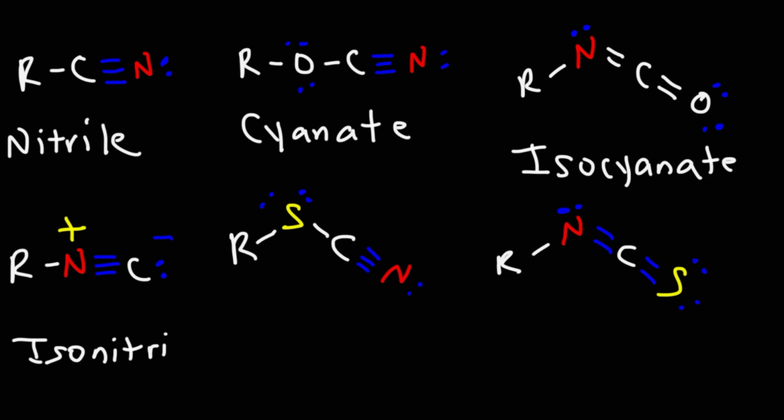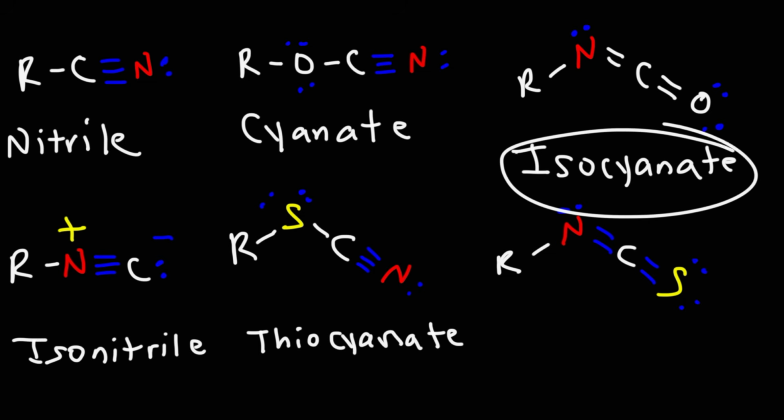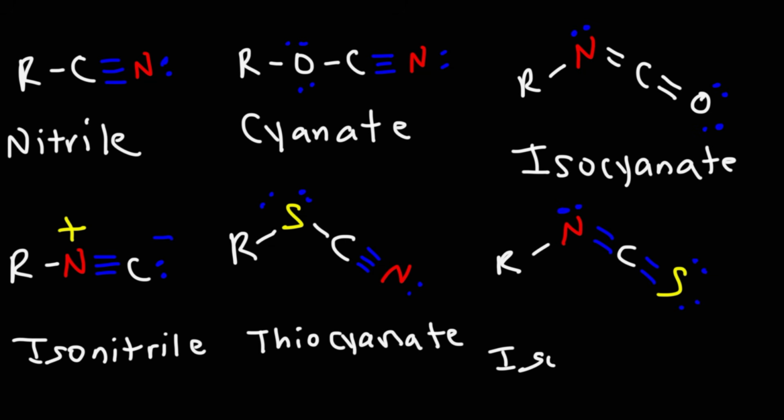We switch the carbon and the nitrogen. Now, instead of cyanate, this is called thiocyanate. And instead of isocyanate, this is called isothiocyanate. So those are some additional functional groups that you want to be familiar with.